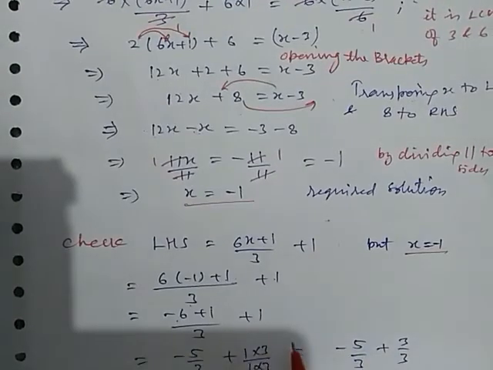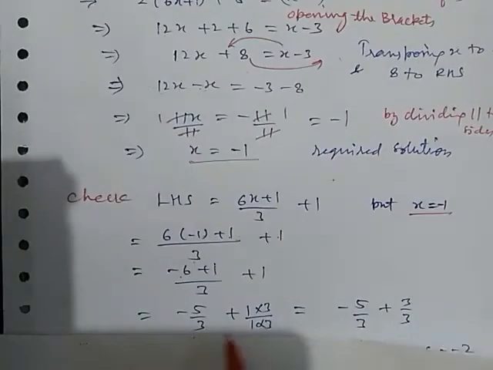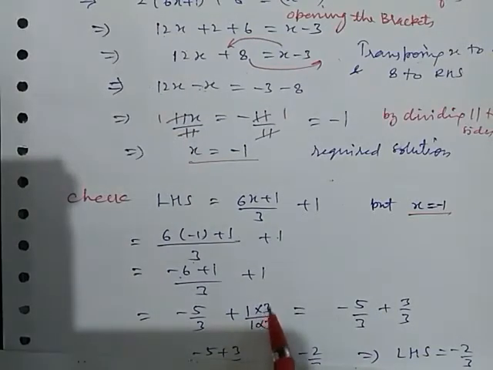Okay, now this reduces to minus 5 by 3, and here we convert this 1 into a fraction. We can write 1 as 1 by 1 and multiply by 3, so this is the equivalent fraction, 3 by 3. Why do we make this?